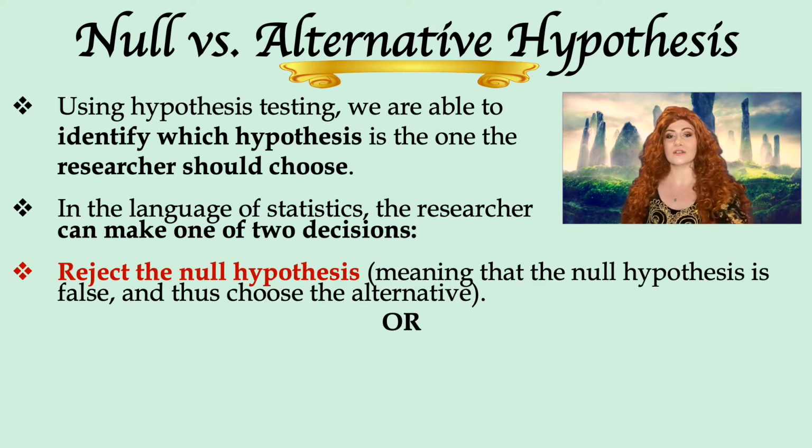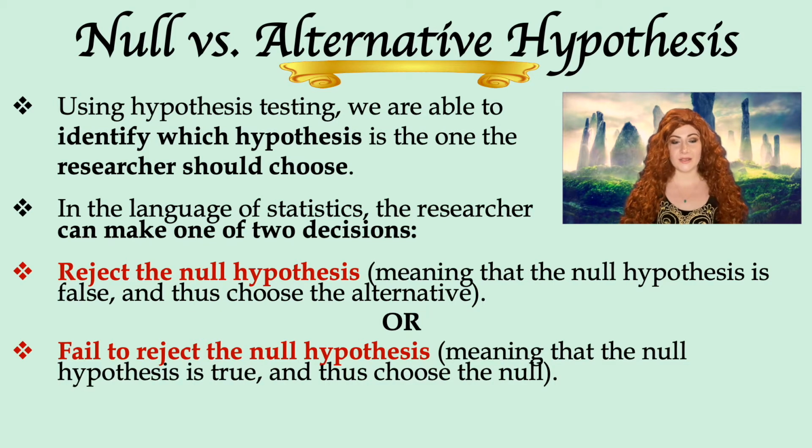So in the language of statistics, the researcher needs to make one of two decisions. The decision can be either to reject the null hypothesis, meaning the null hypothesis is false and we're going to choose the alternative, or we are going to fail to reject the null hypothesis. The funny thing about statistics terminology is that the decision is always made in reference to the null.